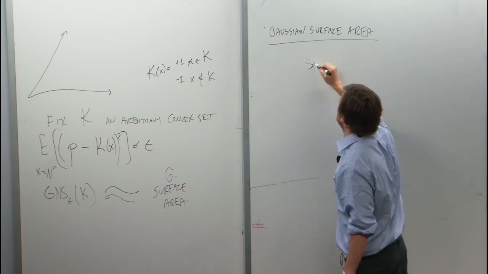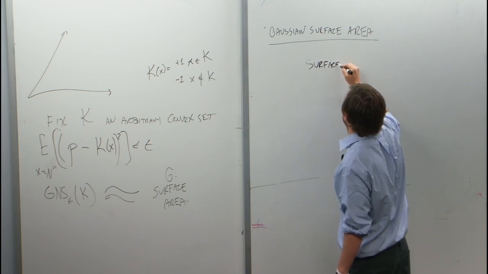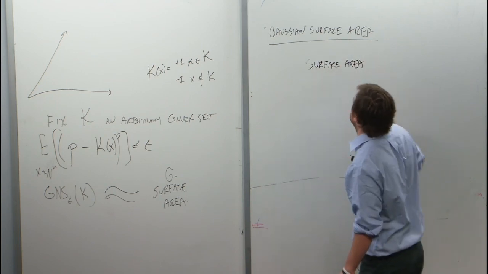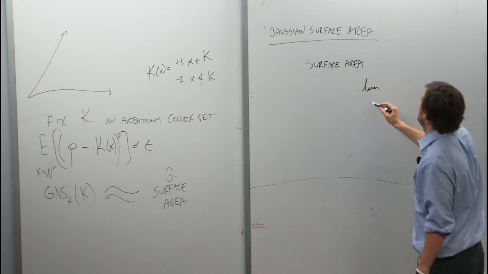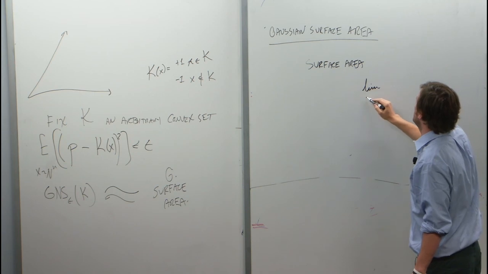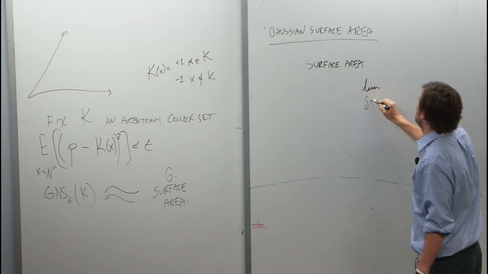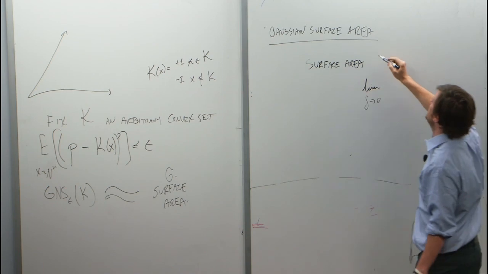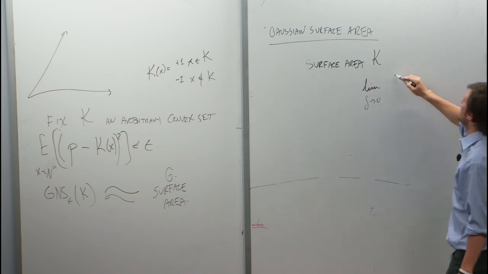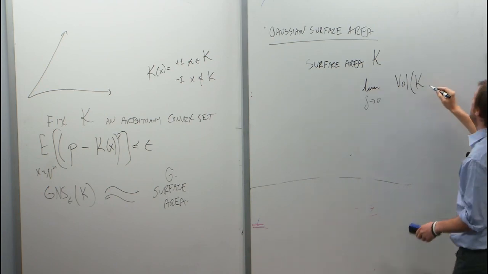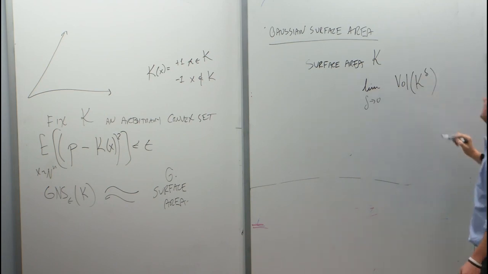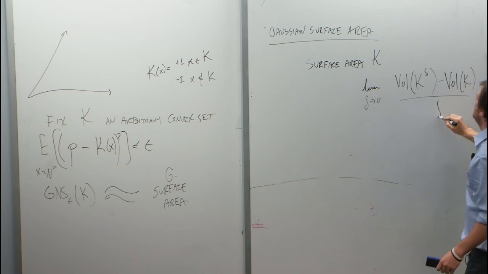Let's just start with what is surface area. The usual notion of surface area. This is the limit, as delta goes to 0. So the surface area of a set K is the limit, for any set K, of the volume of a delta blown up version of K minus the volume of K, divided by delta.